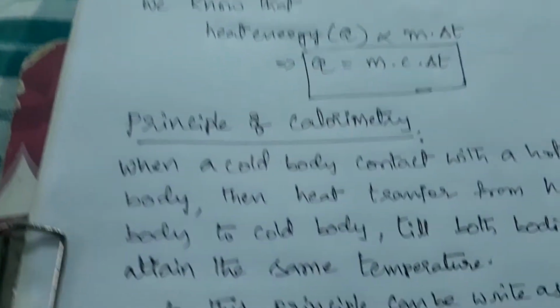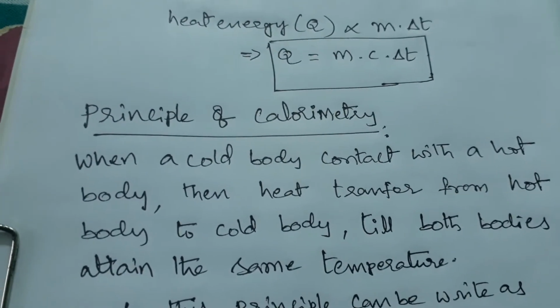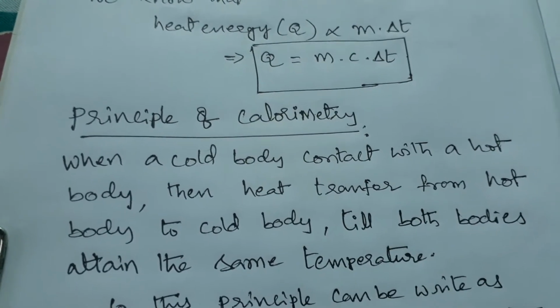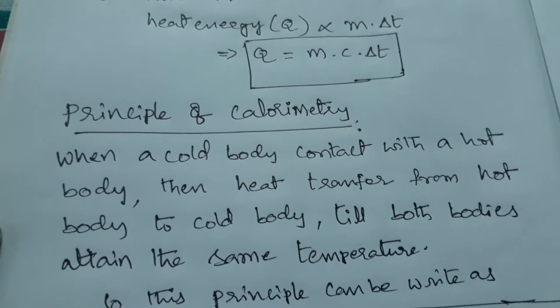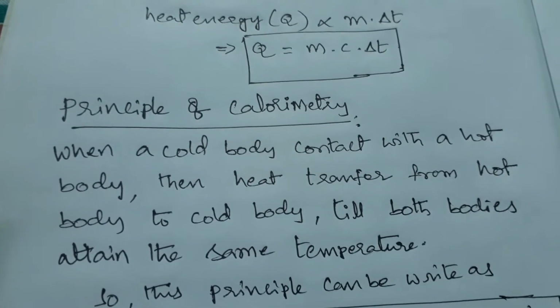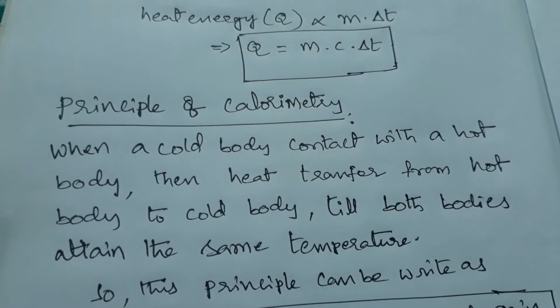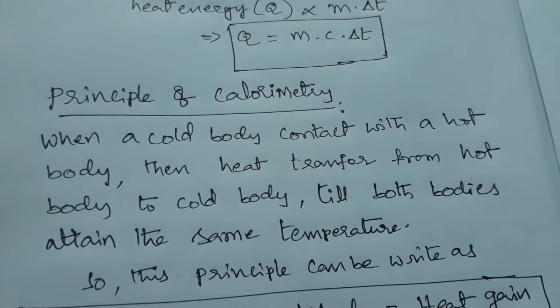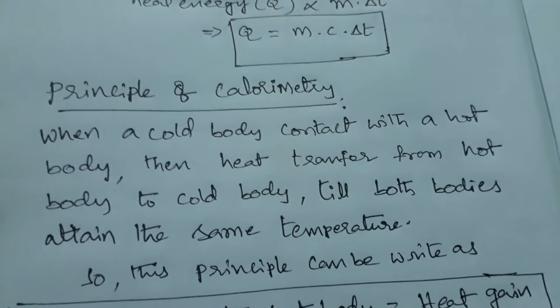Now come to the principle. What is the principle of calorimetry? This is also the principle of method of mixture. When we bring two bodies, a cold body and a hot body, into contact, what will happen?